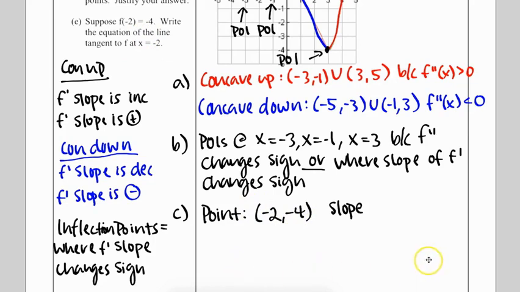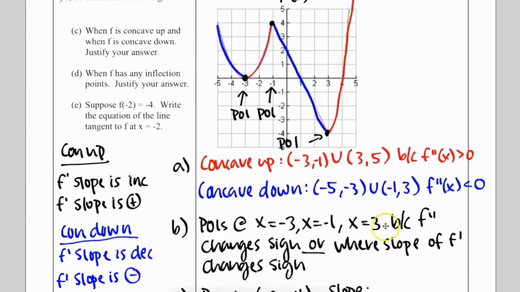And where could we figure out the slope of f? Well, good thing we've been given a whole graph that tells us exactly what the slope is at any given x value. So if I want to know the slope at x equals -2, boom, I know that the slope at -2 is going to be 1 because that's what our graph tells us.